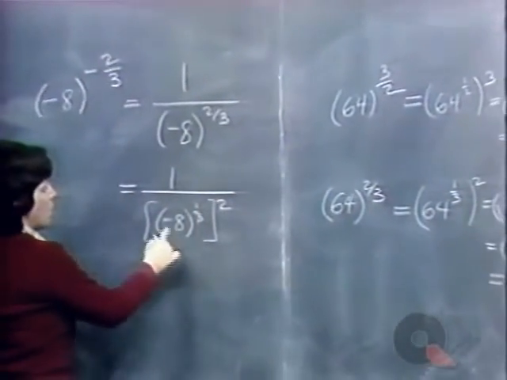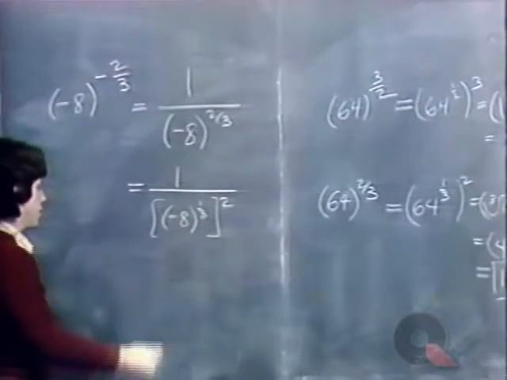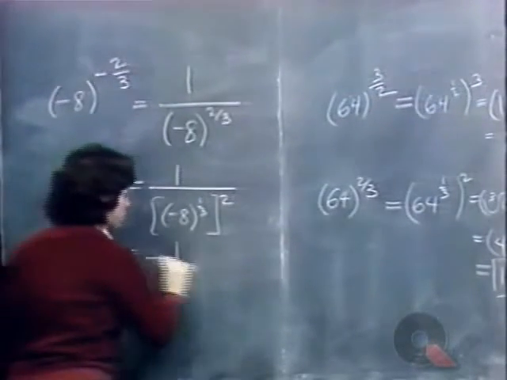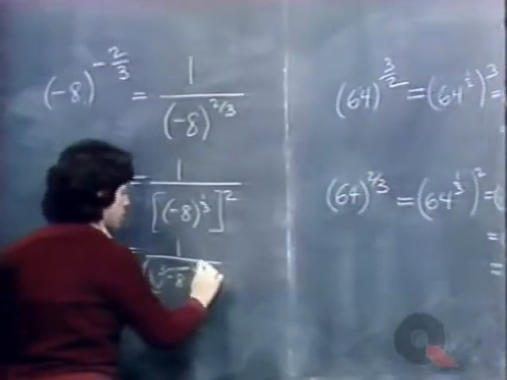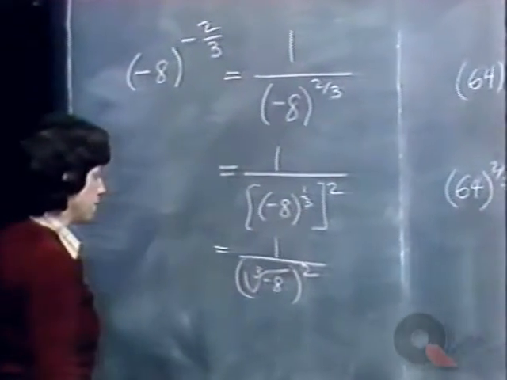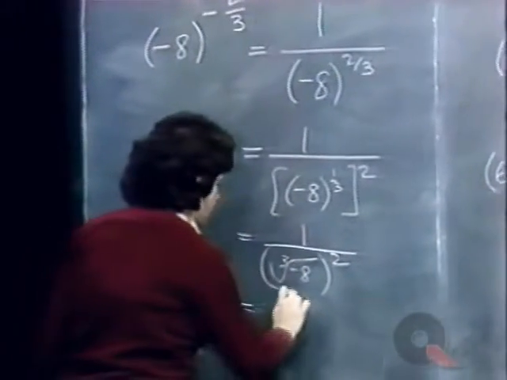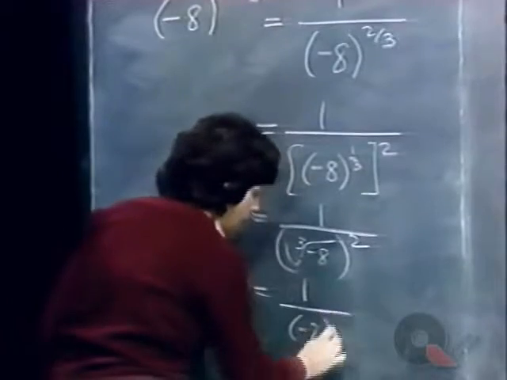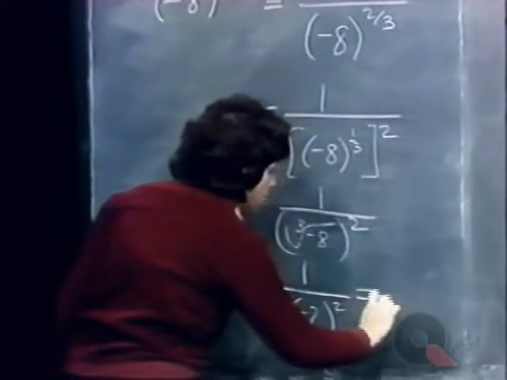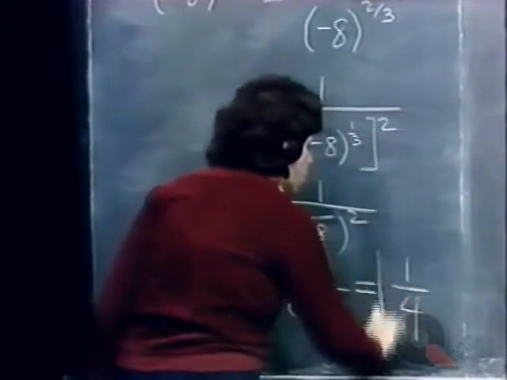The same thing here, minus 8 to the 1/3 squared. That is 1 over the cube root of minus 8 squared. Now, the cube root of minus 8, of course, is minus 2, and that is to be squared, so we get a final answer of 1/4.